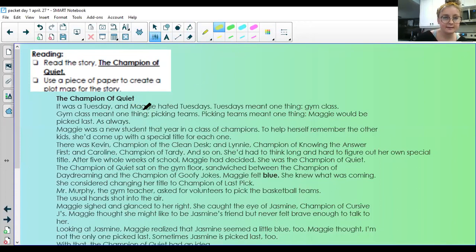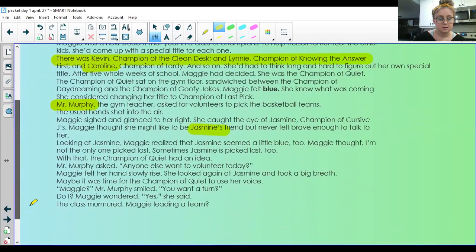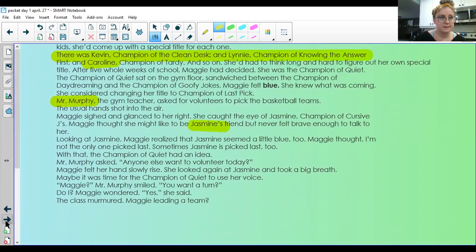So we have Maggie. Okay, we have all of these kids: Kevin, Lenny, Caroline. Okay, what else do we got? Mr. Murphy, the gym teacher. We have Jasmine. That whole part talks about Maggie again.